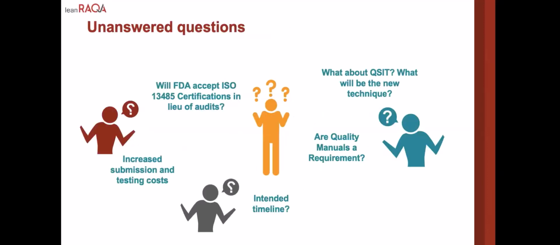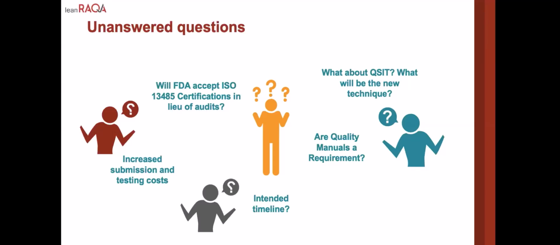There are a lot of uncertainties and unanswered questions, like what is going to be the impact to submission fees, testing costs, inspections. The FDA's intended timeline at present is a year, which is woefully inadequate for companies who aren't already in compliance with ISO 13485, because ISO 13485 is substantially more articulate and prescriptive than the quality system regulation.